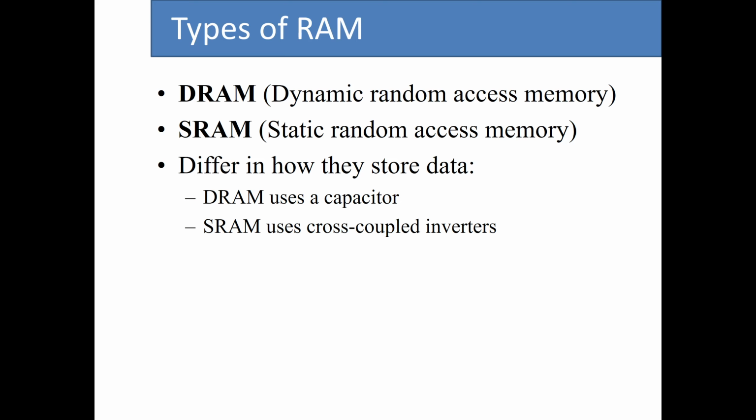For RAMs, we have 2 types. One is called DRAM, or dynamic random access memory, and the other one is SRAM, or static random access memory. Their difference is in the way that they store data. DRAMs use a capacitor to store some electric charge representative of the bit value 0 or 1, while SRAM uses a set of cross-coupled inverters.